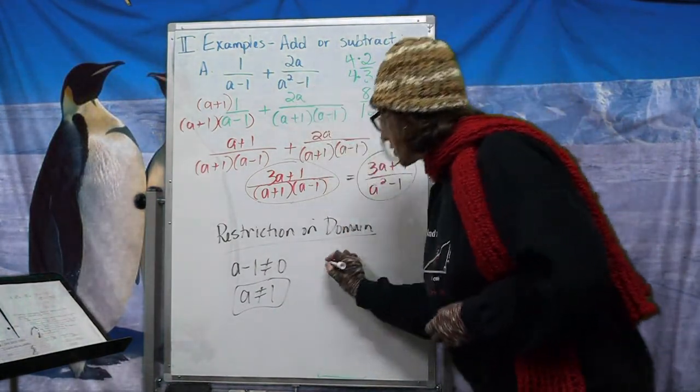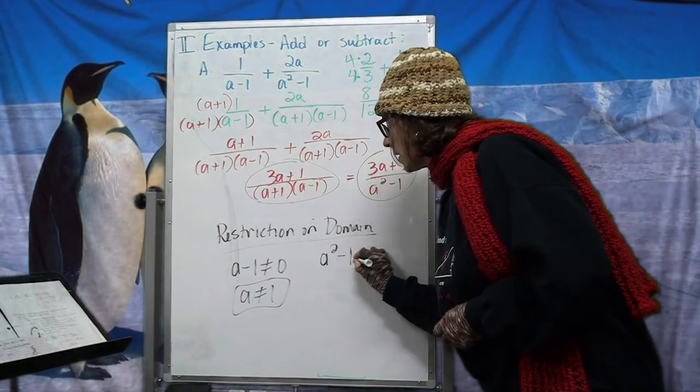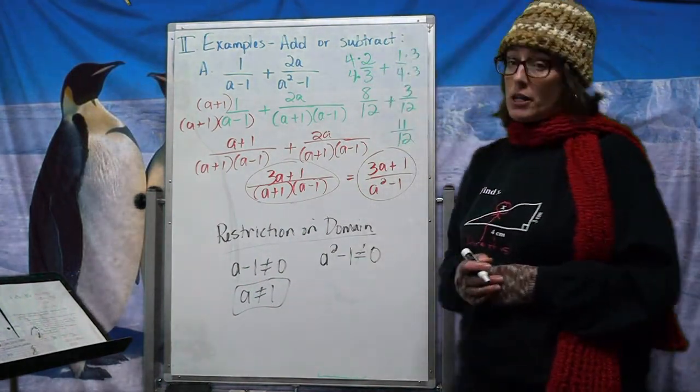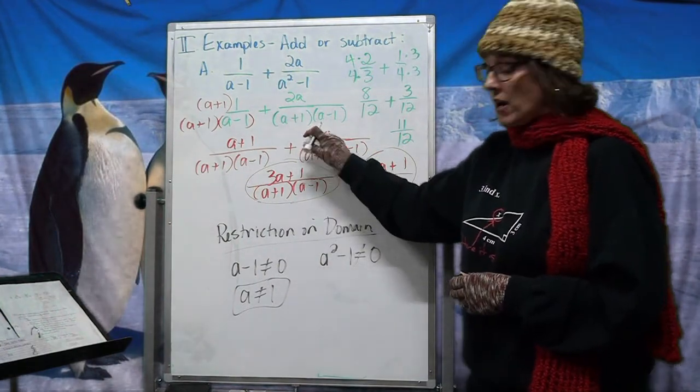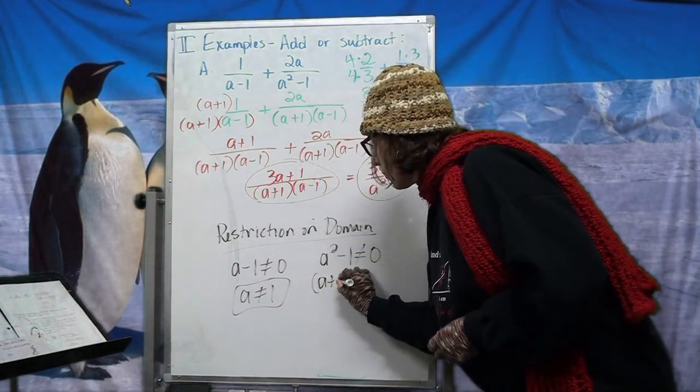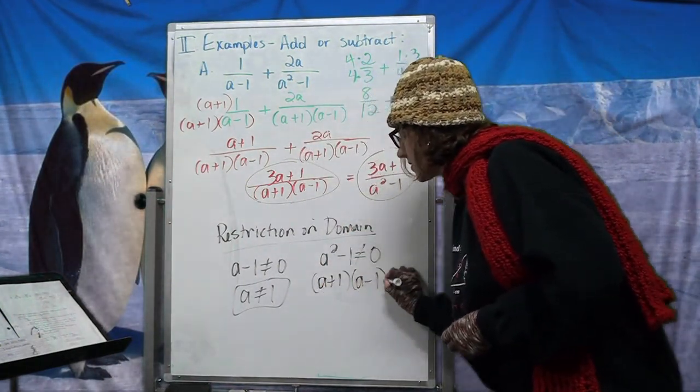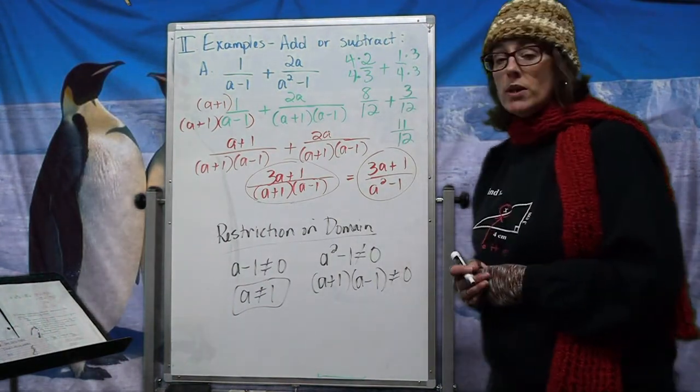But I need to consider this one as well, the a squared minus 1 equal to 0. Actually, I don't want it to be equal to 0, so I can either factor this, which has been done right here, or I can just add that 1 to both sides. Either way, I'm going to get the same answer. I don't want it to be equal to 0.